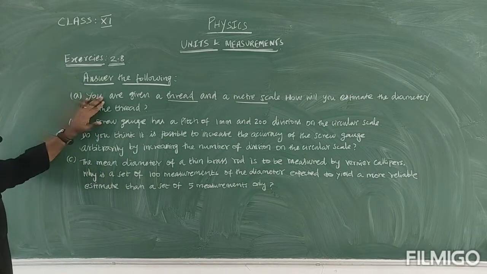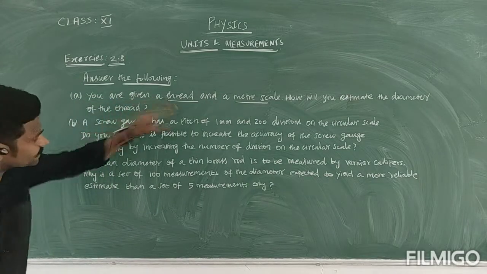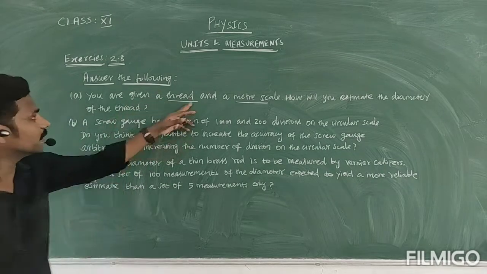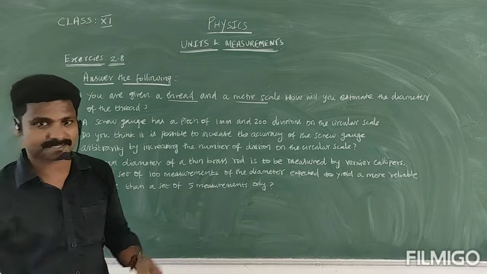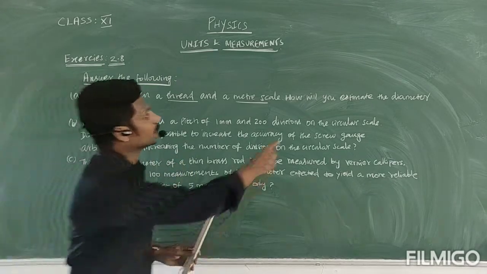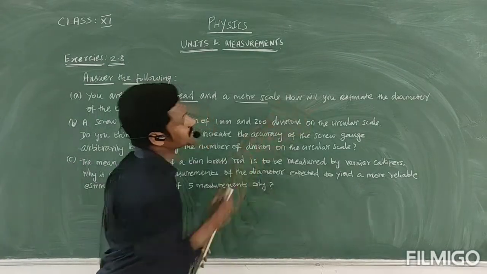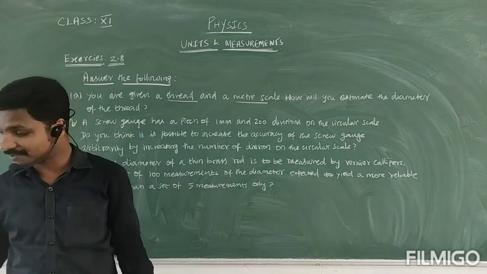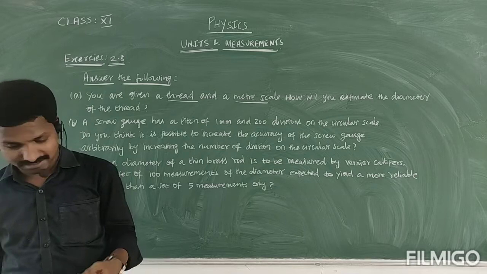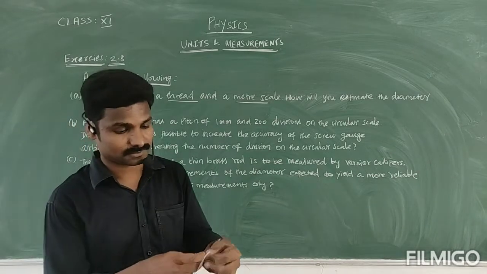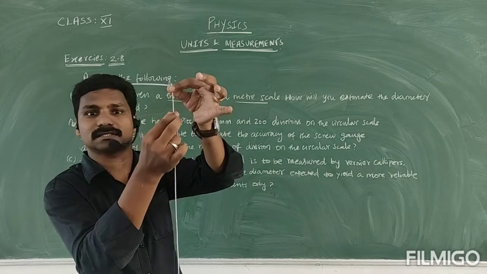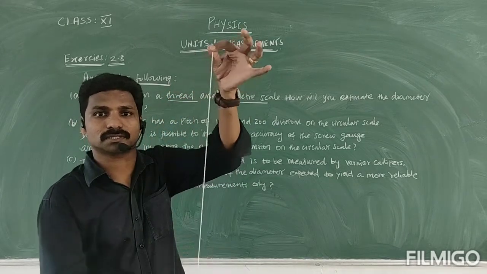See the first one. You are given a thread and a meter scale. Then how will you estimate the diameter of the thread? That means the thickness of the thread. Then how to measure?